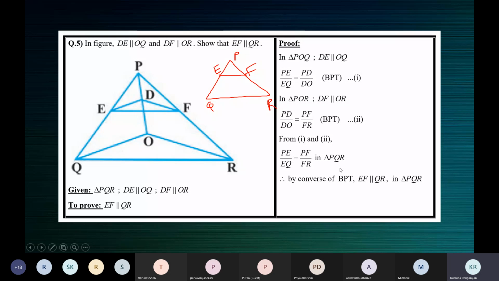It's not given anywhere. Then by the converse of BPT, when you have a proportion, you can say that two lines are parallel, and the two lines are EF and QR. EF is parallel to the third side QR. Is it clear, children? Yes, ma'am.